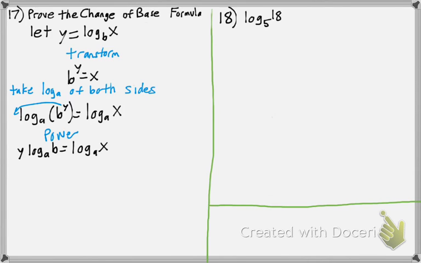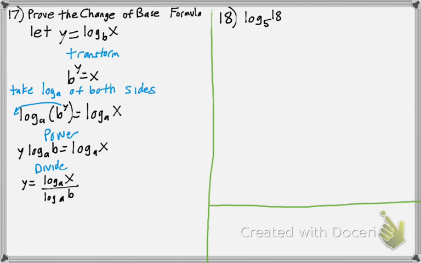Then I want to divide both sides by log base a of b. So y is equal to log base a of x over log base a of b.